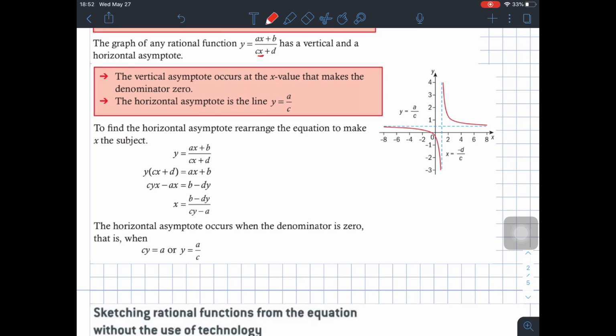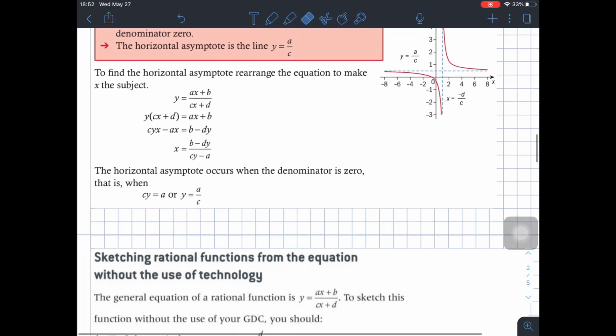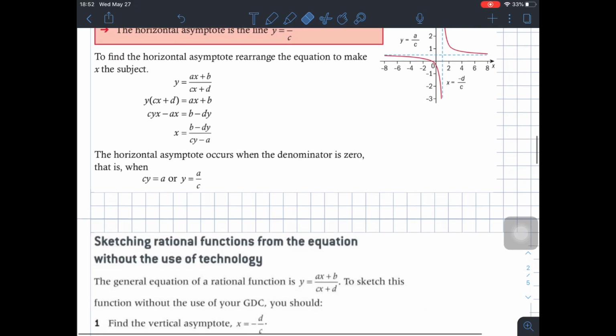We try to solve for x, and when solving for x we see that we get this in the denominator, and by following the same rule of setting the denominator to 0, we're going to get that y is equal to a over c, which is the expression for the horizontal asymptote. Okay, so that's just for your information. So the horizontal asymptote occurs when the denominator is 0, that is when y equals a divided by c.